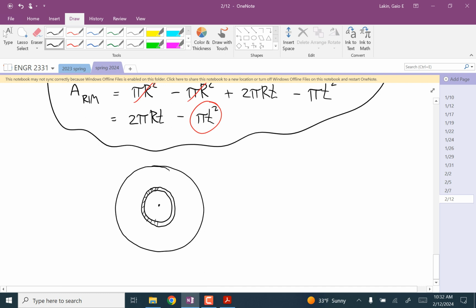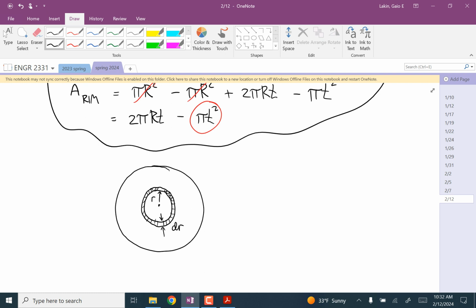We were doing this integral definition, and this distance was r, and this was dr. Because the thickness was infinitesimal, you could take this rim, separate it, and stretch it out, and the area is just the perimeter times the thickness.